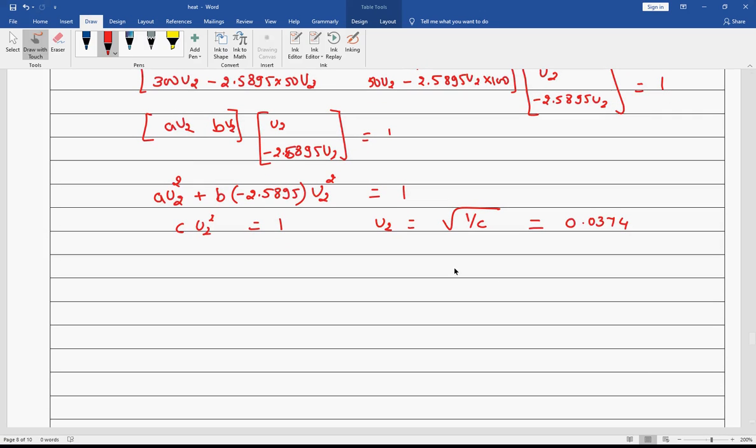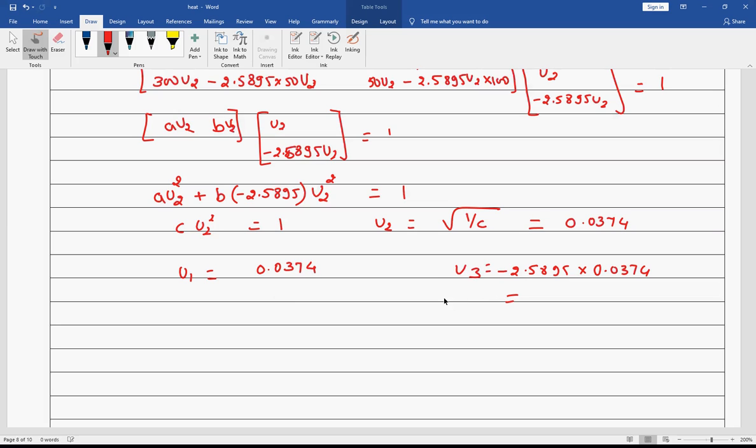No problem. So my u1 vector basically is 0.0374, that is u2, and now this value will be 2.5895 into 0.0374. Just let me know this value, please, so I could write it here. That is basically a U3.